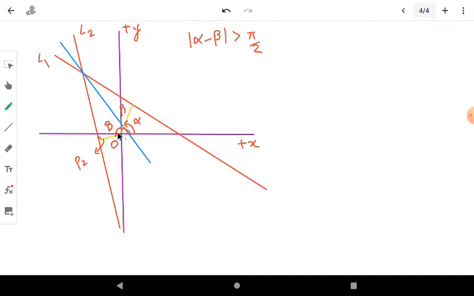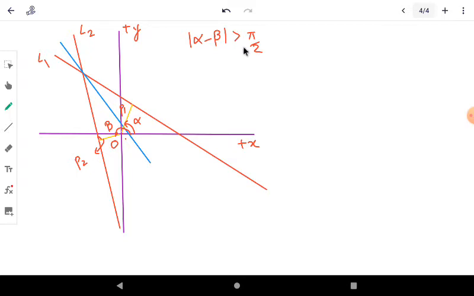Okay, so alpha minus beta in this scenario: the acute angle bisector is containing origin also, and the difference of the angles made by the perpendiculars is greater than pi by 2, it is obtuse rather. Now this we can generalize.